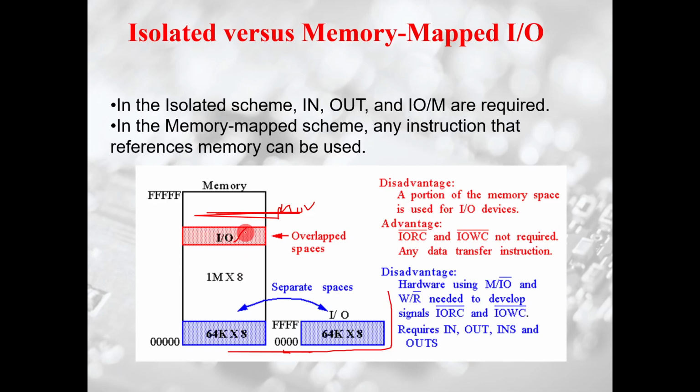So you can address these IOs through your normal memory addressing commands. The only difference is that a little bit of hardware requirement is not there. Instead of the signal going to a memory, it is going to IO, so I can still use the move command itself.